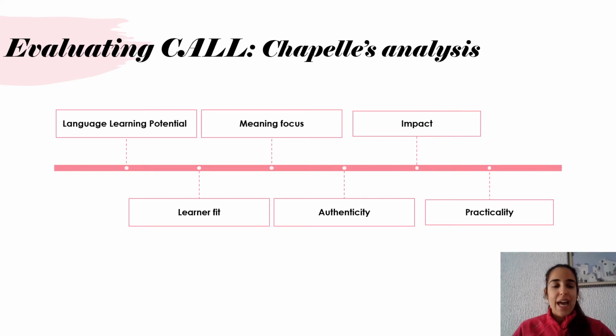Now, let's analyze it with Chapelle's analysis. First, of course, my students are going to focus on form. They have to type the words and they have to check the context. I think it is fitted to the learner's level of proficiency, motivations, and interests.